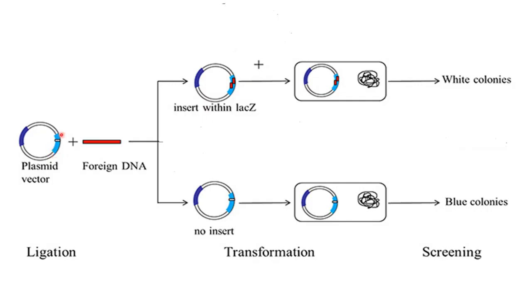This is the gene responsible for making the enzyme beta galactosidase. Now you can see that within this portion the foreign piece of DNA has been inserted, but there is no insert in this other blue colored portion, right?